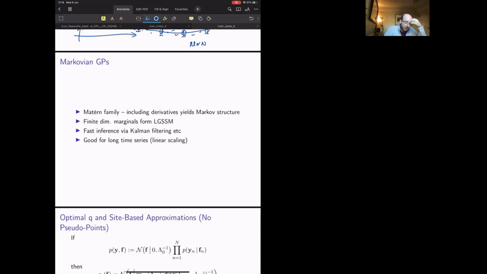When you have observations, they become a linear Gaussian state space model. So inference can be done with Kalman filtering in linear time, so this is all order N. This is the Markov stuff we were discussing before, and this is really good for long time series.